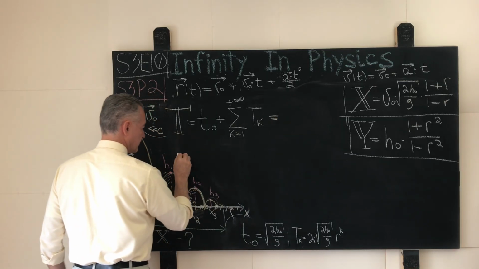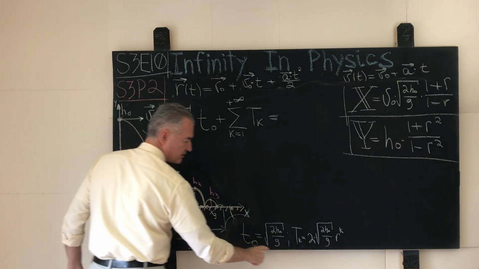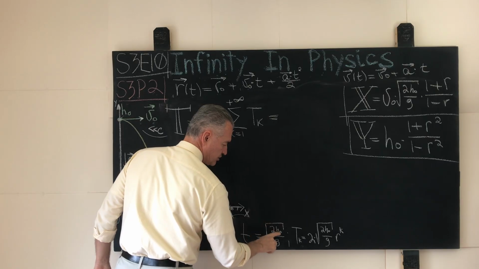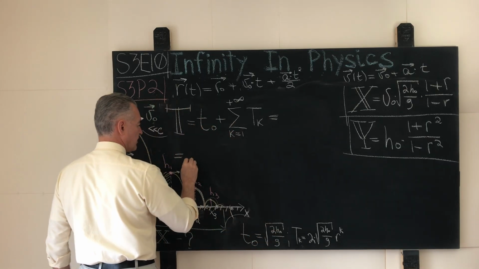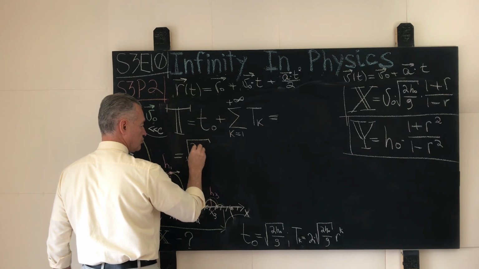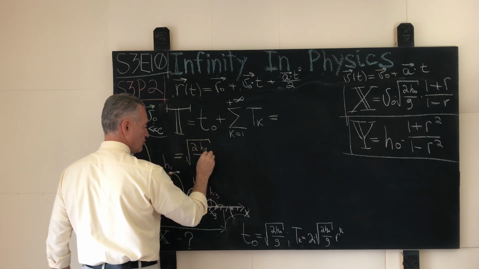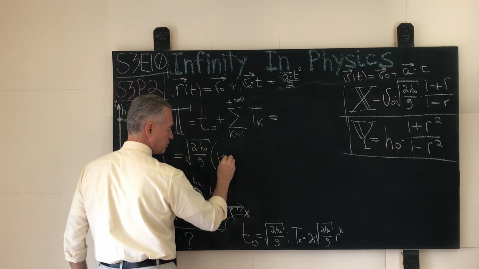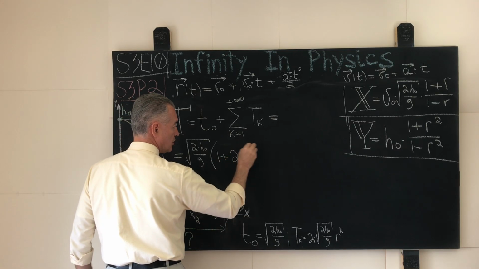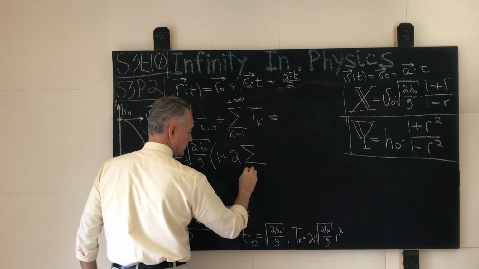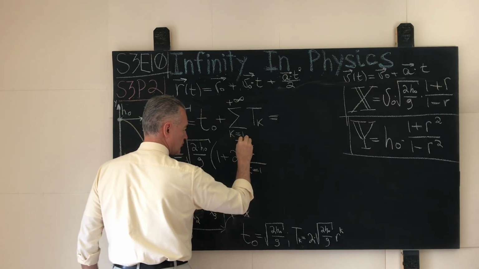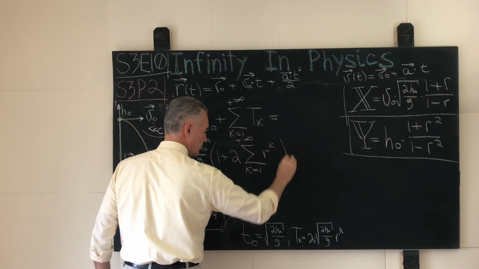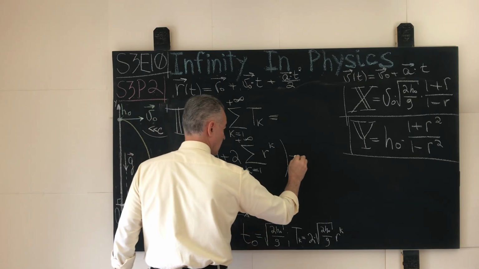So what do we have here? Here we have one and the same term, square root of 2h0 over g. We can factor out square root of 2 times h0 over g. Factors out and becomes what? 1 plus 2 times the infinite geometric series that runs from 1 to positive infinity of r raised to the power of k. And what does that mean?